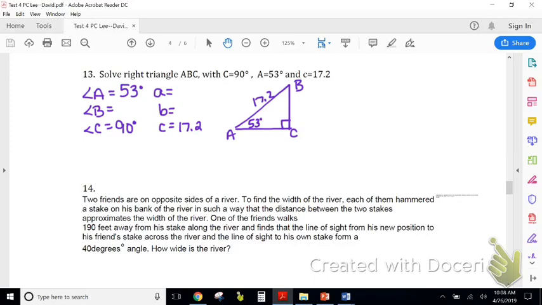So what do we want to find first? Angle B? All right, how do we find angle B? 180 minus the other two angles added together? And we get? Good.